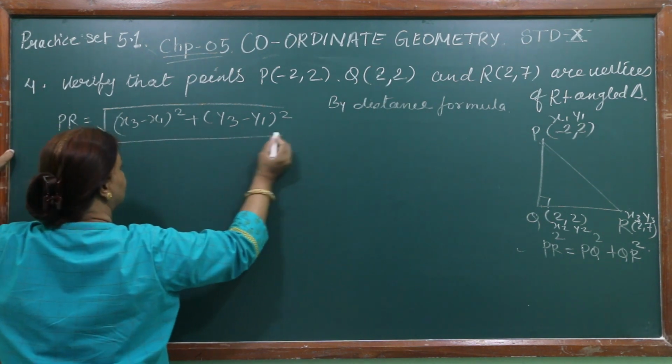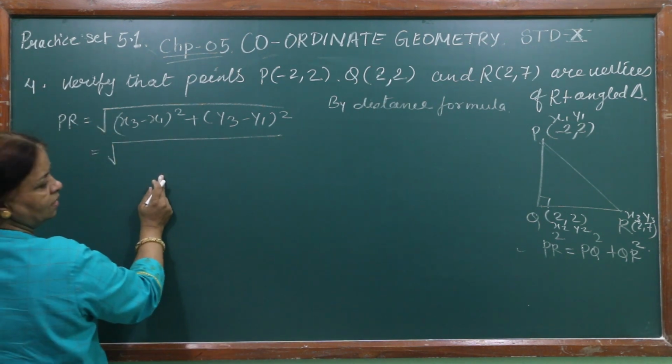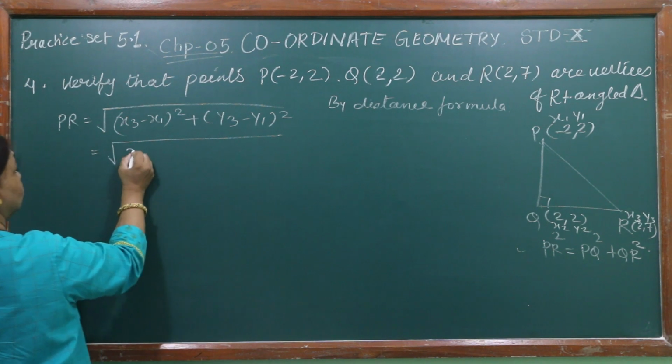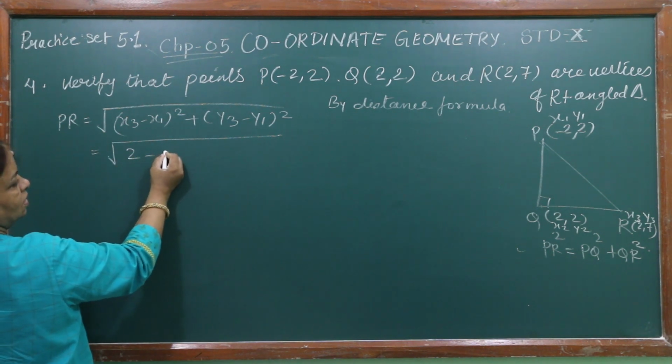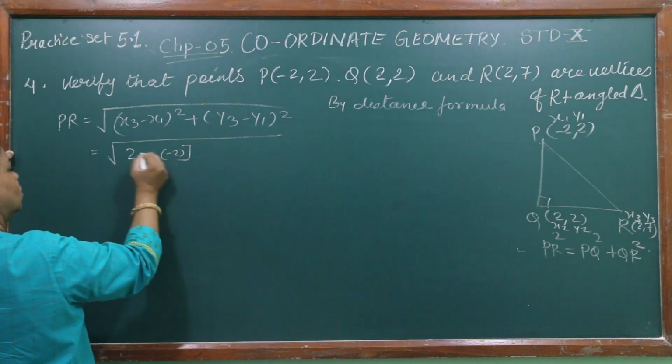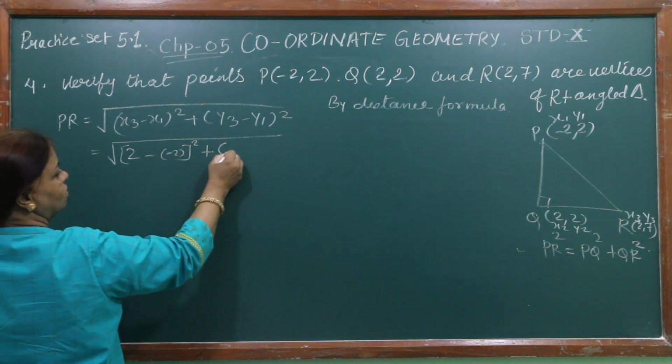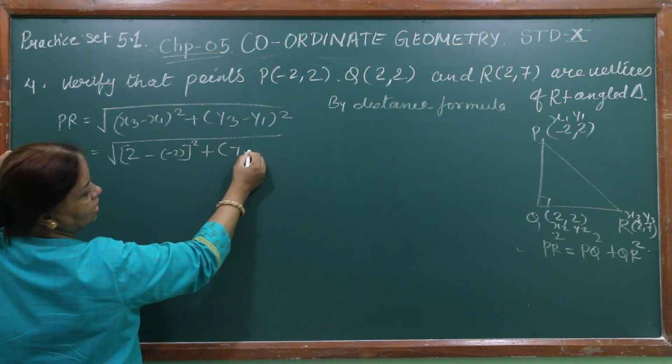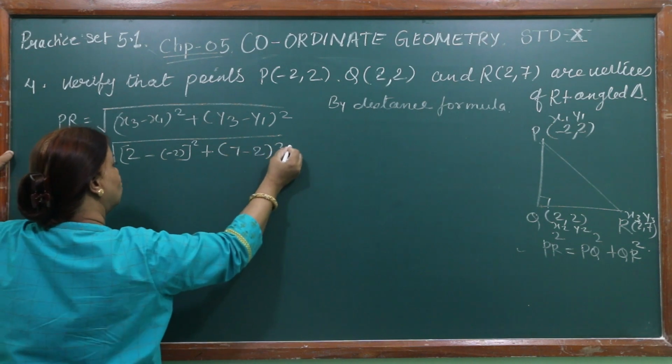Place the values here. x3 is 2, minus (-2) the whole square, plus y3 is 7 minus y1 is 2 the whole square.